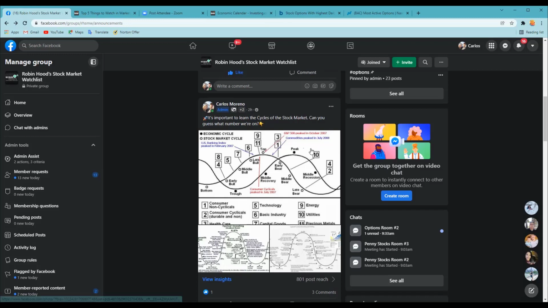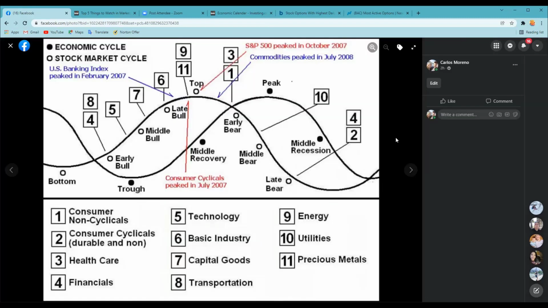But ultimately this is our yearly cycle, and right now we're right on the top, where everything's kind of peaked out here. And so we're with number 7, capital goods, and then 6 is basic industry, 9 and 11, so that's energy, and that's when you see a lot of news, oh, energy's been doing great lately, blah blah blah. Well, that's where we're at right now. We're right here on the top.